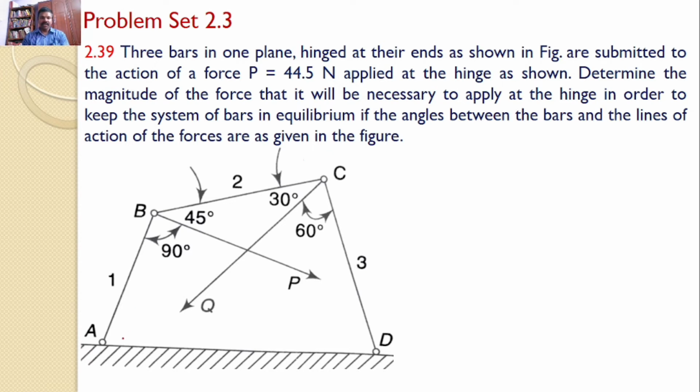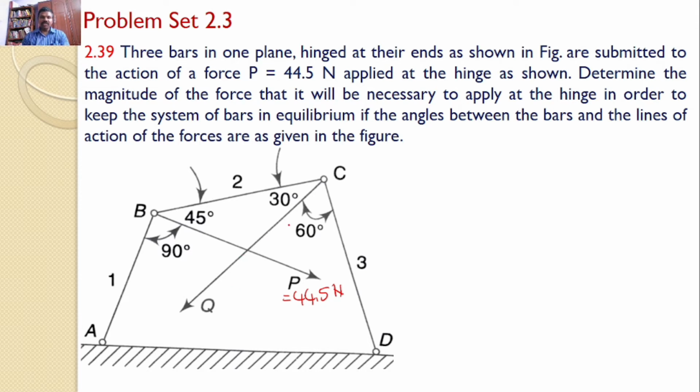That means there are three bars AB, BC and CD. All three bars are hinged like this. A force P is applied at hinge B whose magnitude is given as 44.5 newtons.